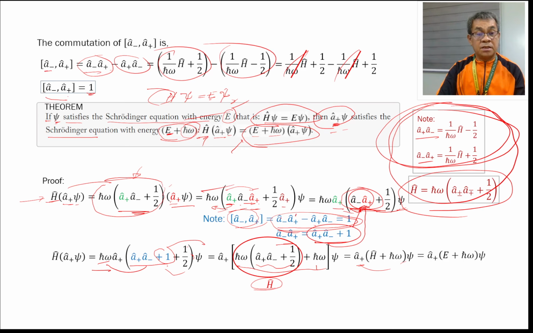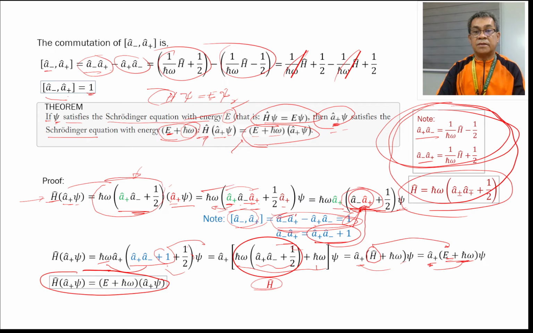Because the Hamiltonian operator has the corresponding eigenvalue, this one is equal to E. So this is constant, so I can move this here and we have this result. So this one is very much equal to this.